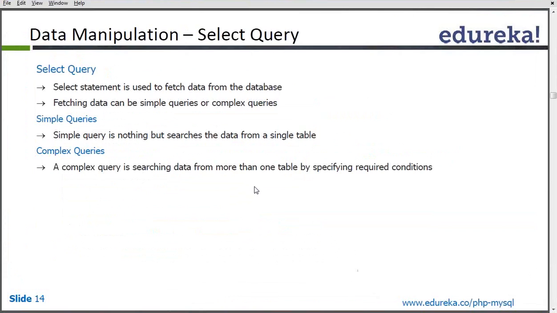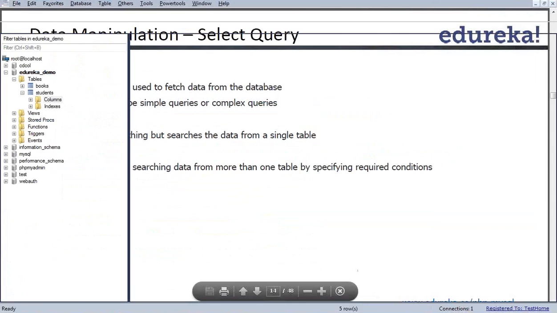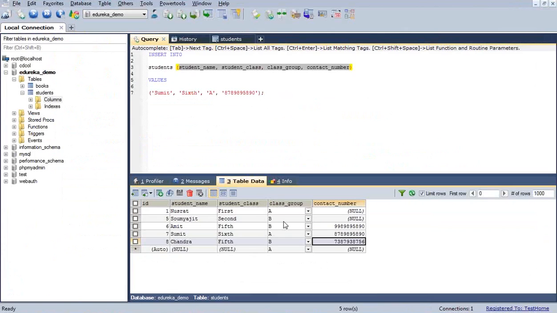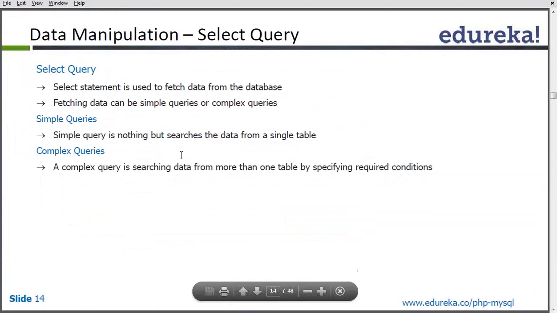Now I will show you how we will select those inserted values, the table or the rows that are in the database. First I will show you straightforwardly how to get all the rows, and in the next step I will show you how to get a particular row or rows based on some particular condition.